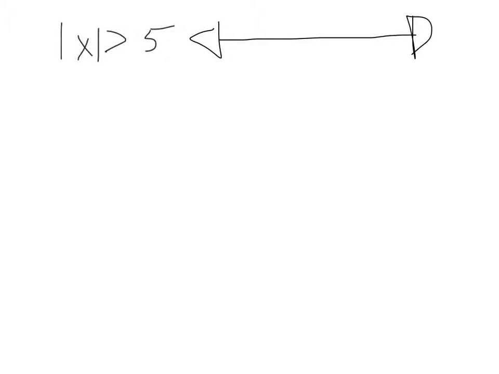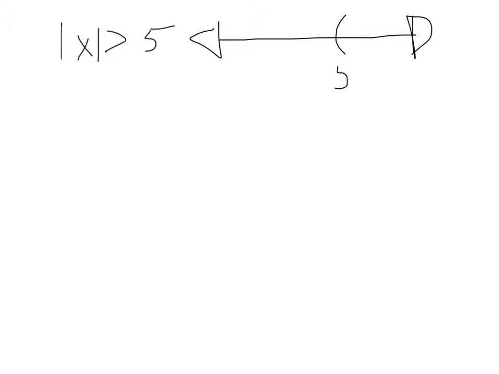Now, what if we have, I want to go to black, the absolute value of x is greater than 5. So what number's distance from 0 is greater than 5? What about 5? No, but just greater than 6, 7, 8, and so on.